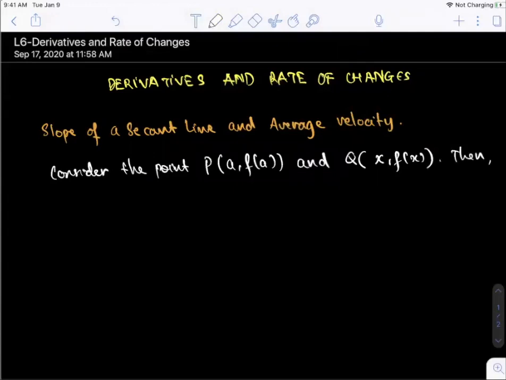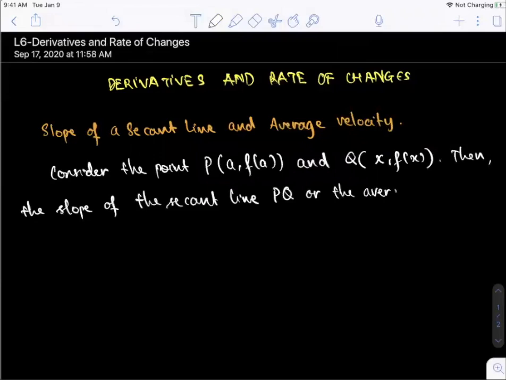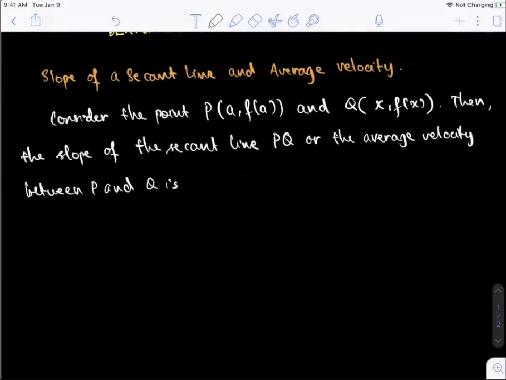Then the slope of the secant line PQ, or the average velocity between P and Q, is, right, the slope of the secant line and the average velocity use the same formula to calculate.